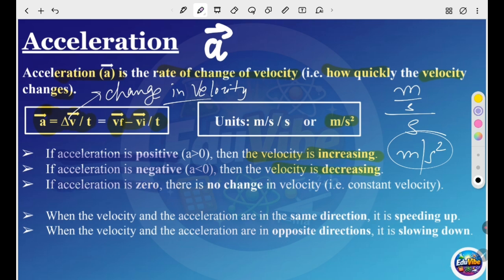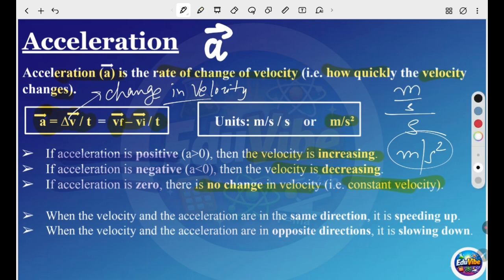If acceleration is 0, there is no change in velocity, and it remains constant velocity. We have to know about this.